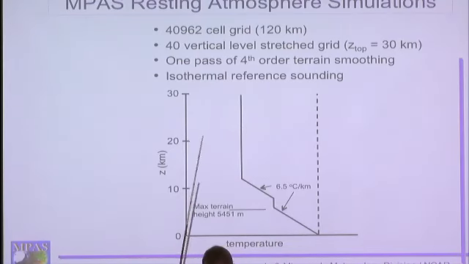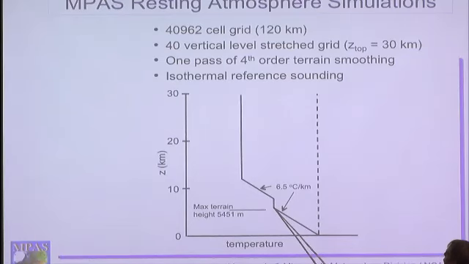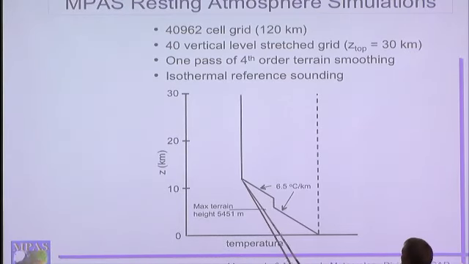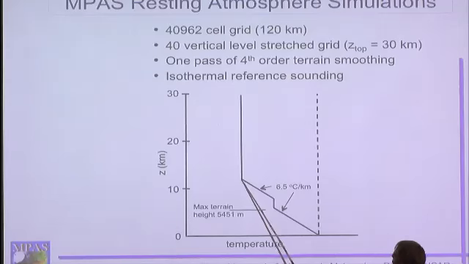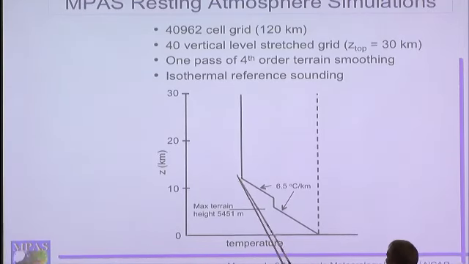And again, I've put in the sounding, so it's got a constant lapse rate up to 6 kilometers, a 2 kilometer deep isothermal layer, and then constant lapse rate again up to a tropopause at 12 kilometers, and then isothermal above. And the maximum terrain height sits just under this at 5,400 meters.